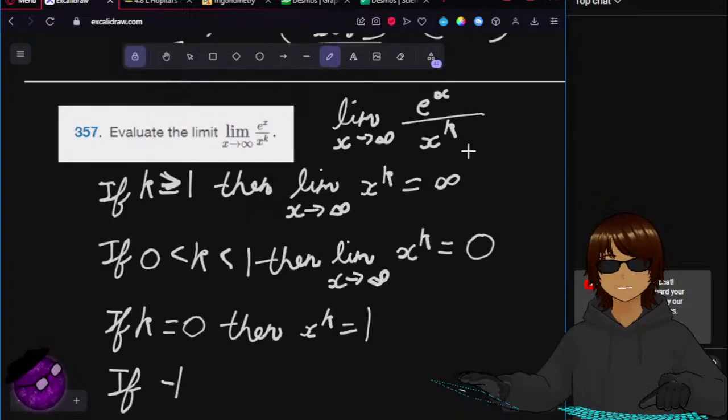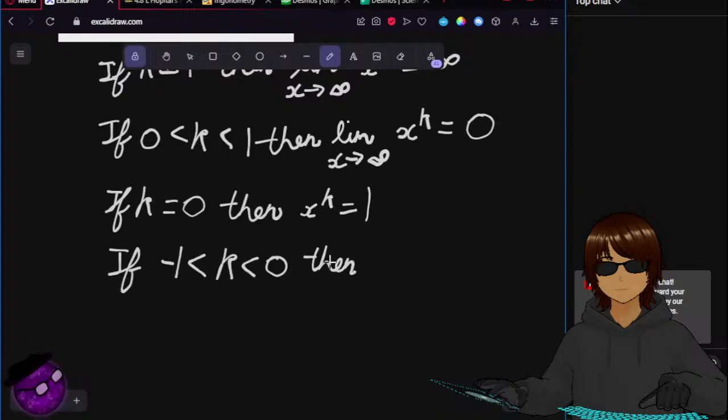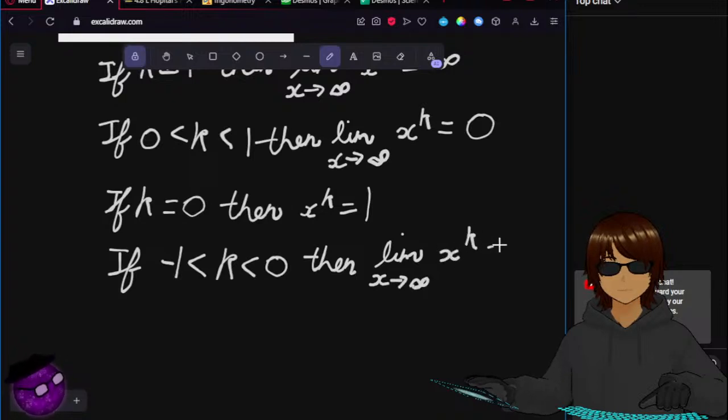Negative. What happens with negative 1? This is negative 1.